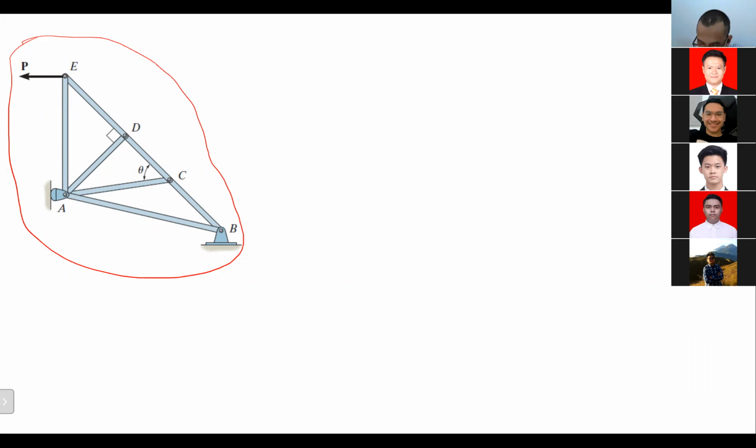But just now you are talking about this member, right? This and this. You are talking about AD and AC being zero force members, but ED and DC are collinear. Yes, correct. But why are AD and AC zero force members when we talk about this particular joint?